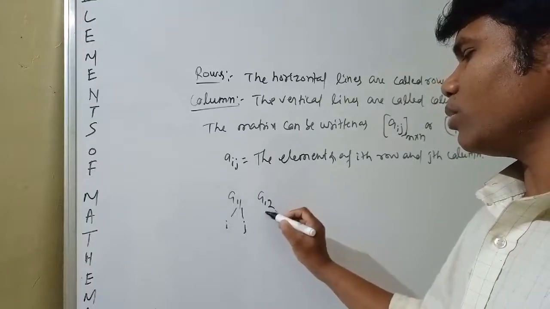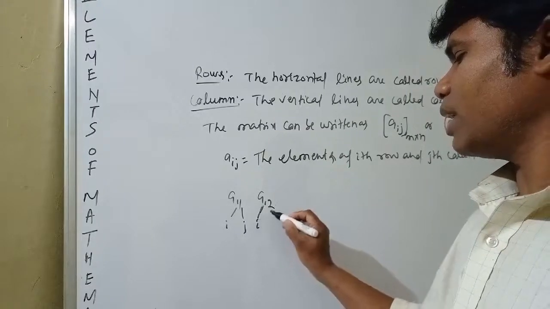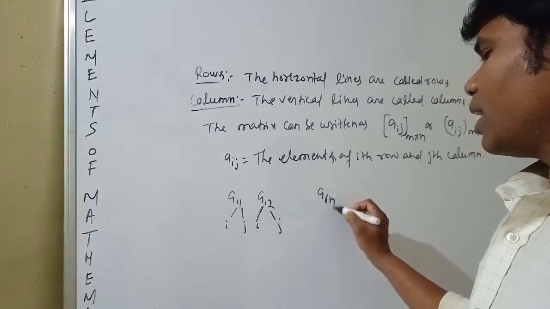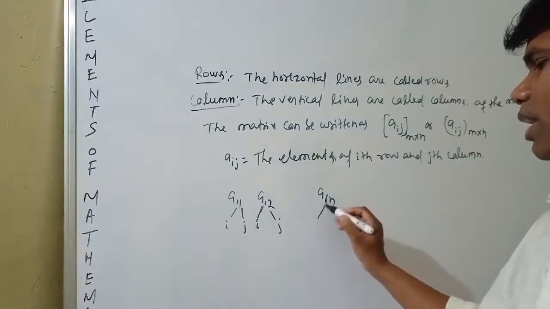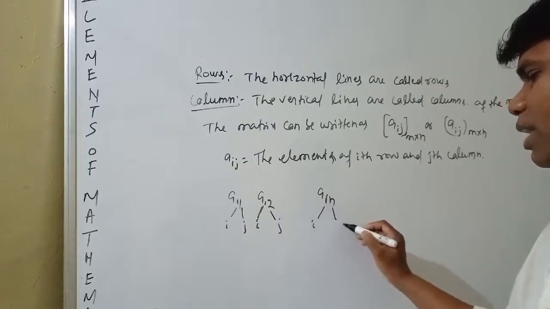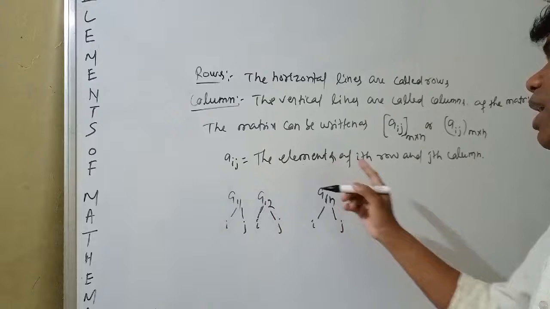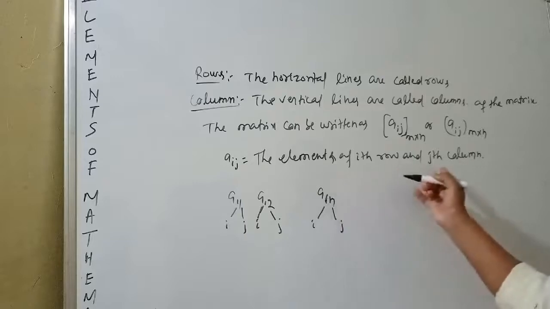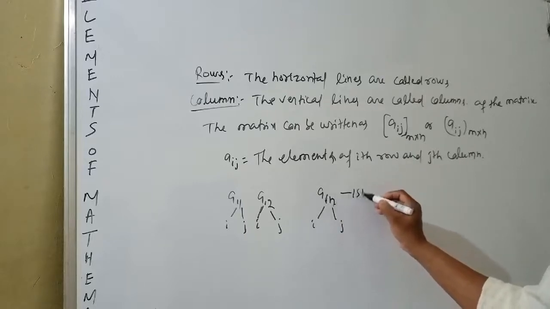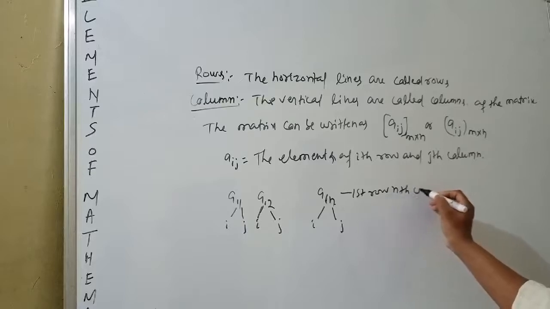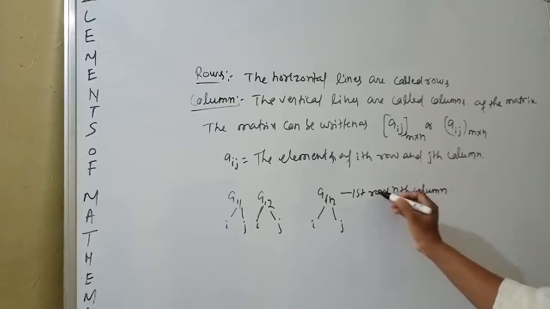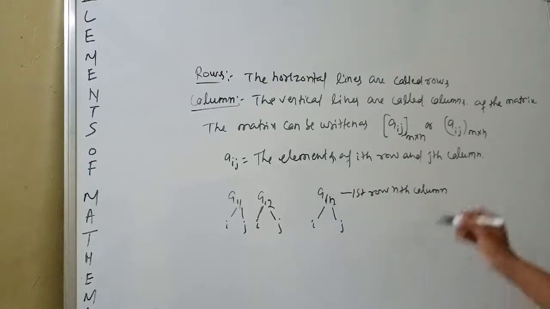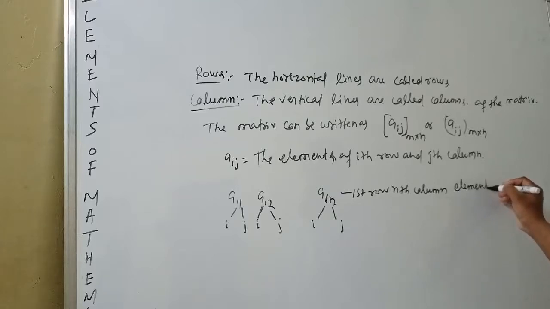A12: the first one is i, the second one is j. A1n: the first is i, n is j. That means Aij, the element of the ith row, here the first row, and the jth column, here the nth column. This element is in the first row and nth column.